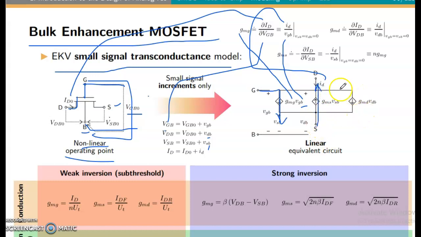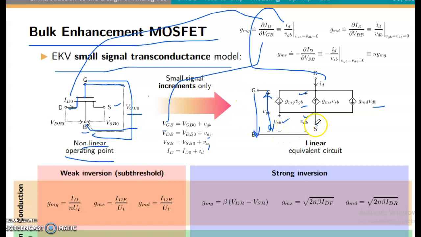Then GMD, from the drain going here, VDB. It means in between here VGB.